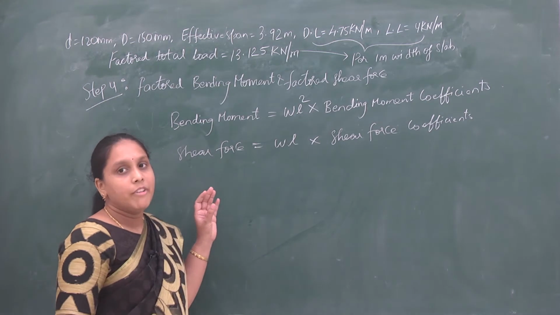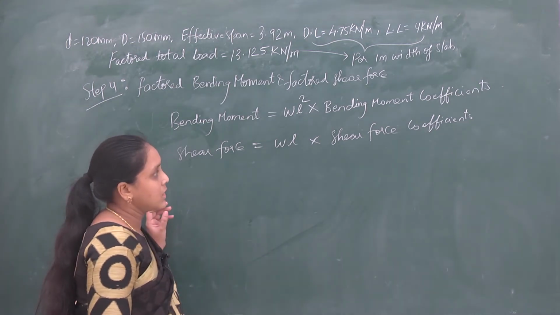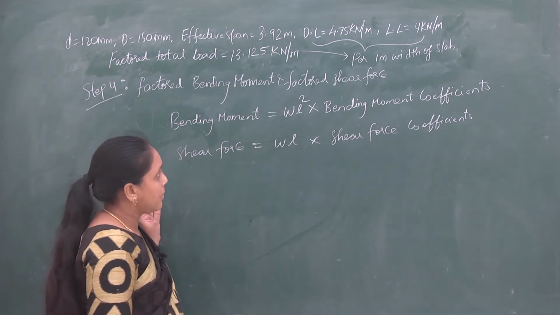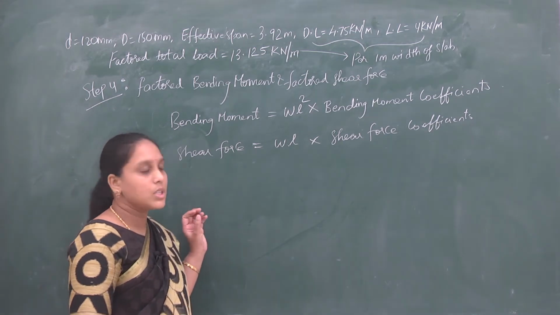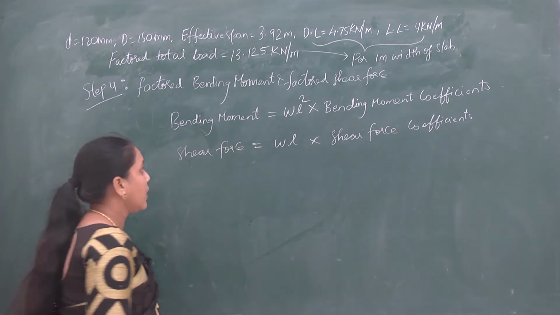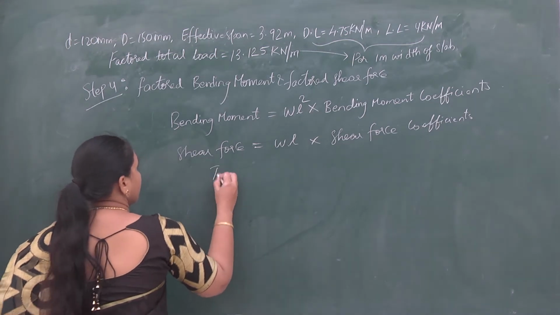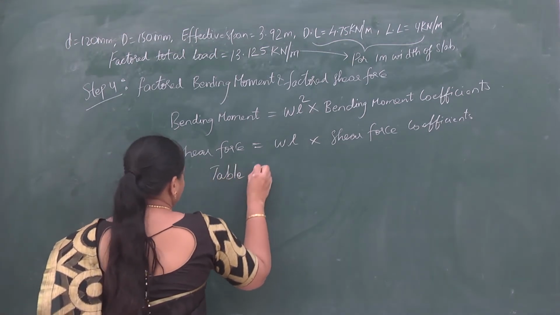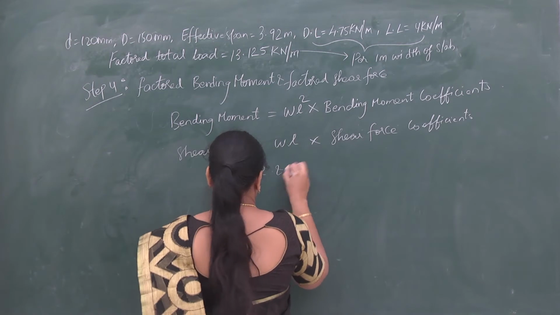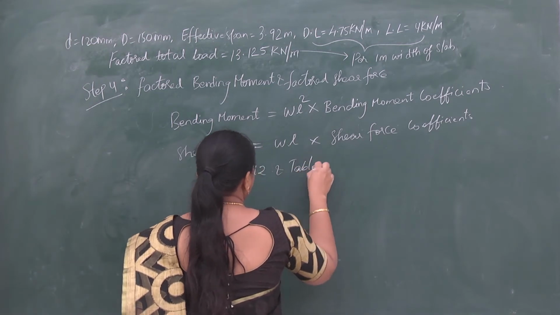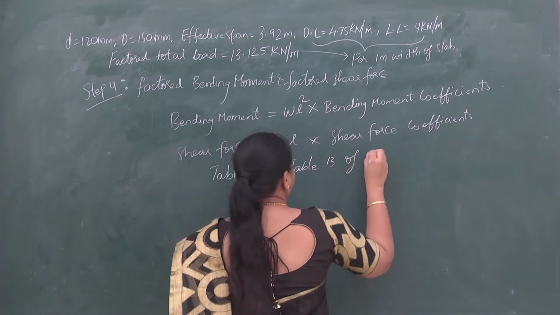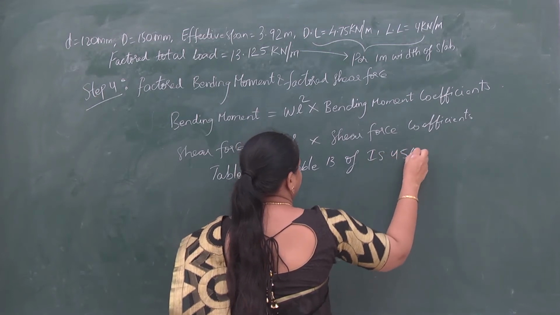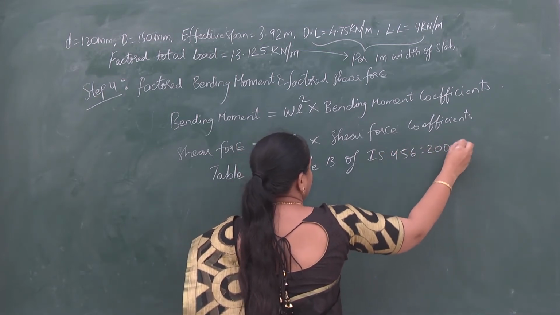So where do you get these bending moment coefficients and shear force coefficients from? They are taken from table 12 and table 13 of IS 456-2000.